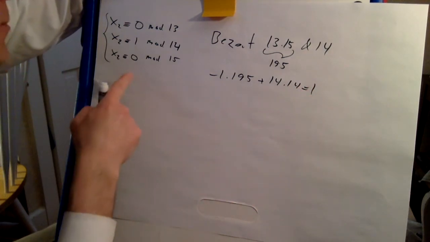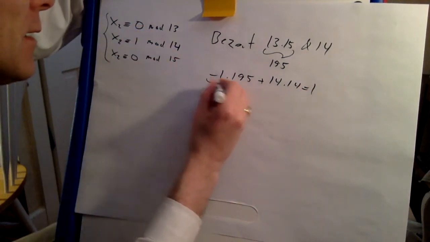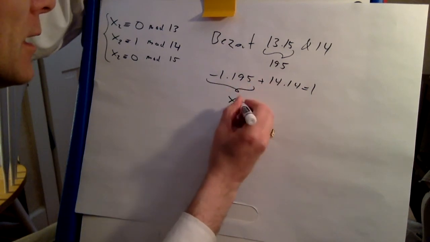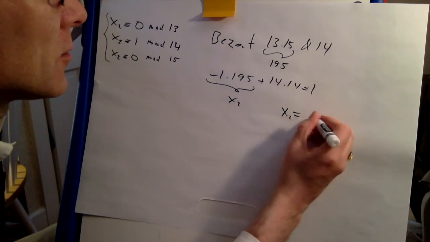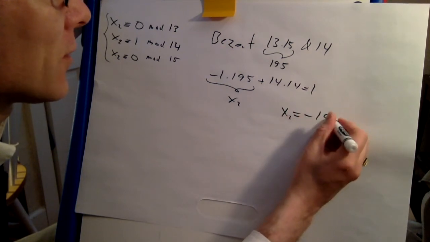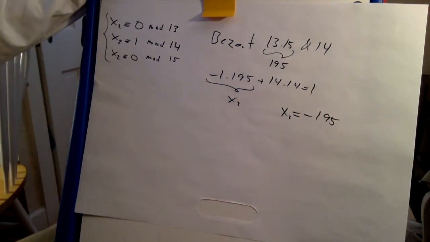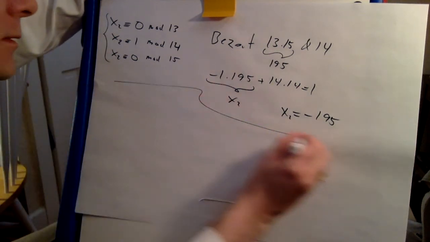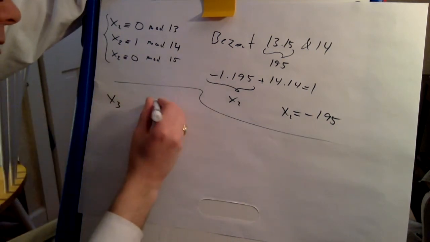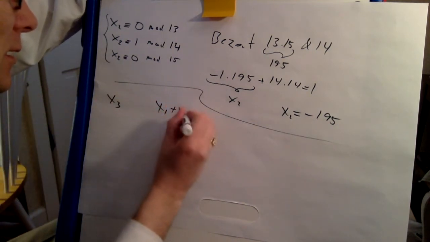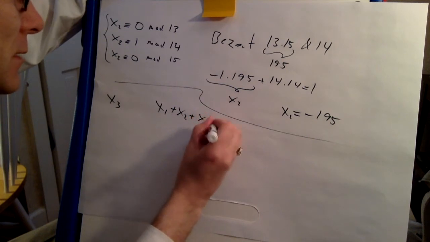So we want something divisible by 13 and 15. So here is our x2: x2 is equal to minus 195. Next thing we have to do is solve for x3. But remember, x1 plus x2 plus x3 is equal to 1.